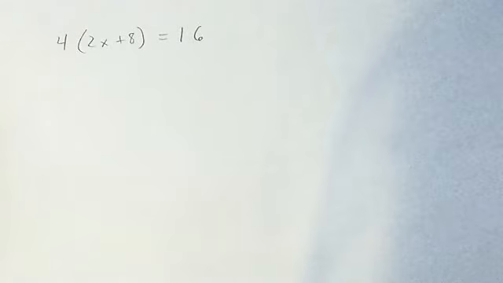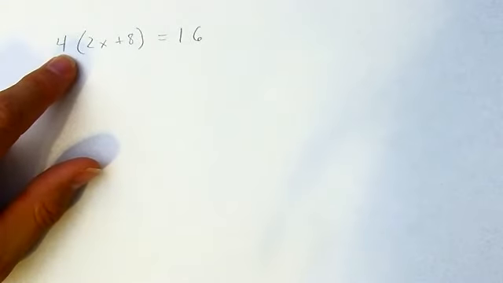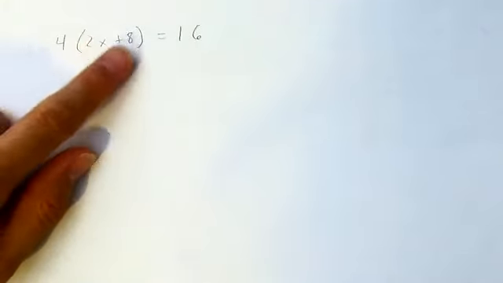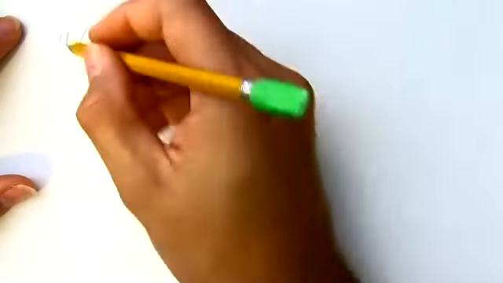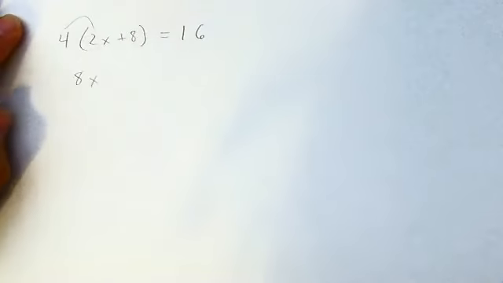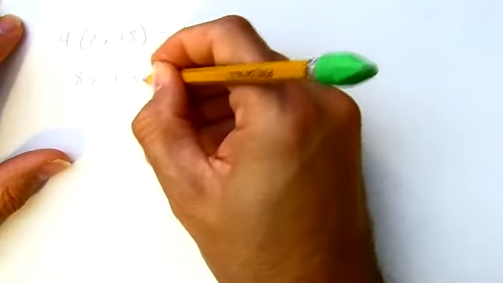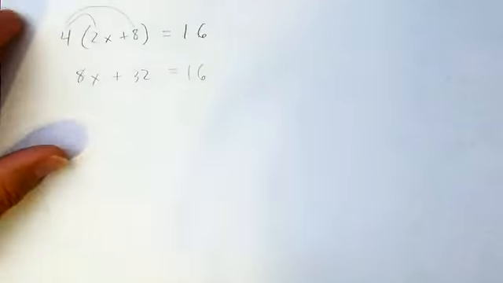So they're solved exactly the same way as you would with an expression. Since you can't combine these because that has an x and that doesn't, then you have to distribute, which means the 4 gets multiplied by everything in the parentheses. So 4 times 2x is going to be 8x. 4 times 8, positive 32, equals 16.